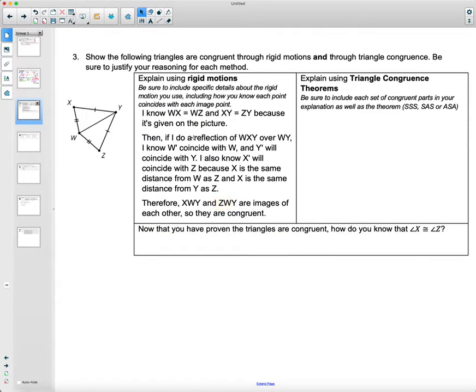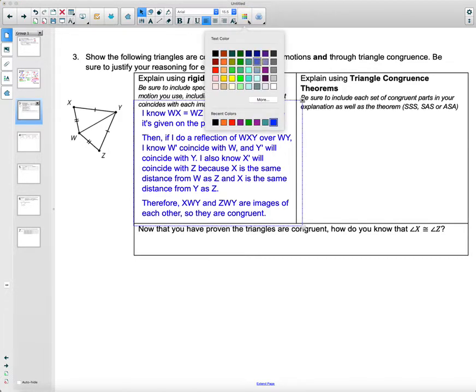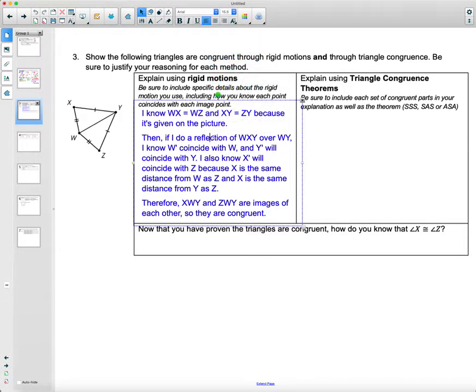Again, you explain how you know everything lands on top of each other, making sure you say what specific rigid motion you're doing. So reflecting what figure over what line, or whatever rigid motion that happens to be if you're rotating or translating, and then how you know each piece coincides, to match up each vertex.